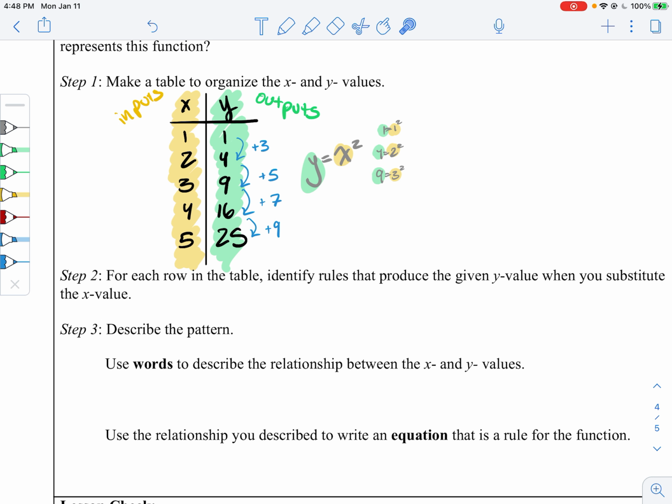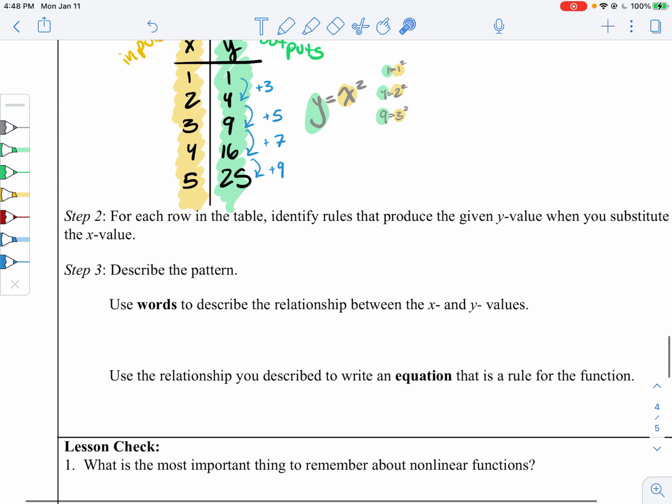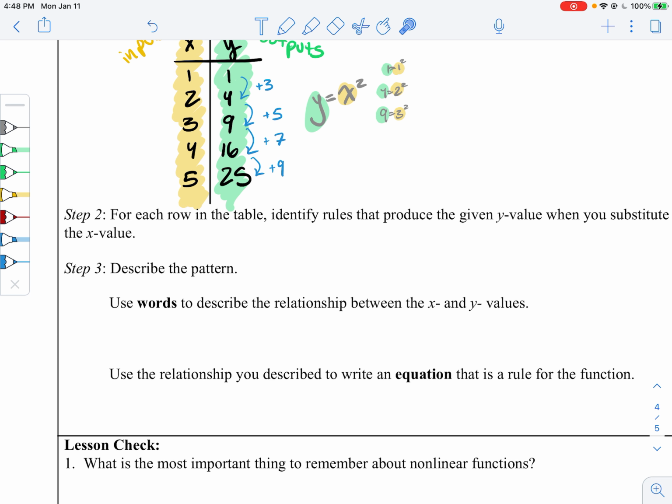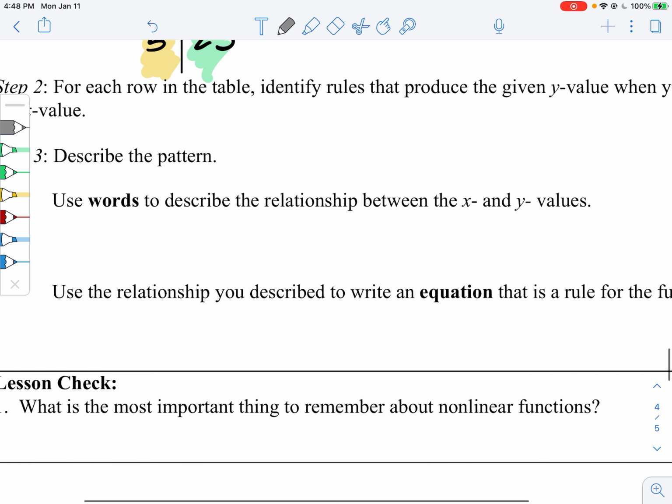So let's use words to describe the relationship. I'll say, well, each time x increases, y increases more, or y is x times itself. There you go.